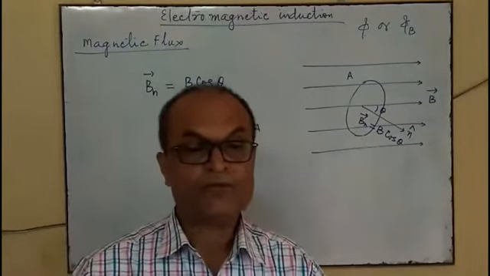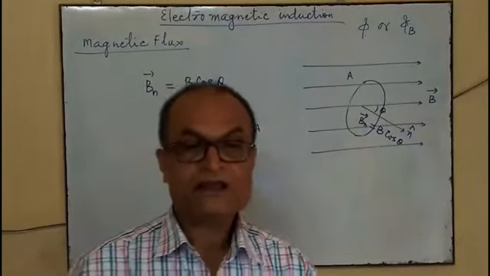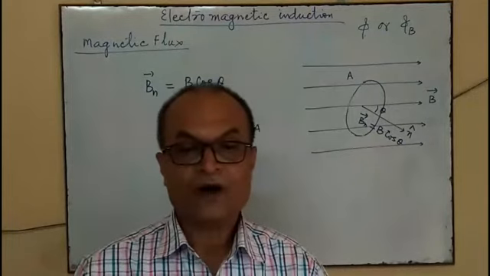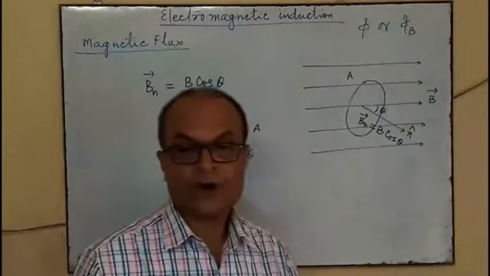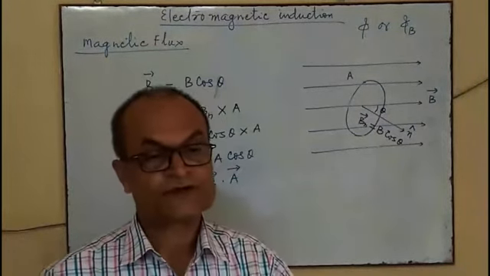So the direction of area vector A is the direction of the outward drawn normal to the surface.